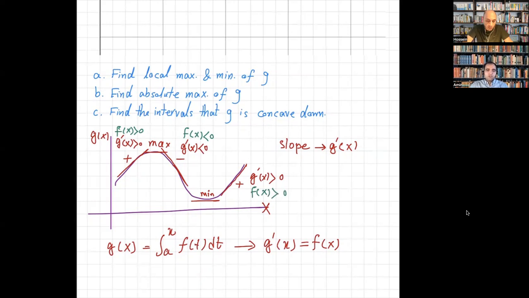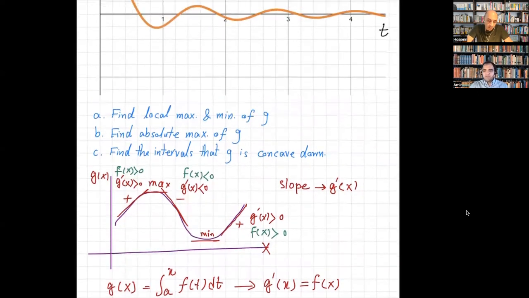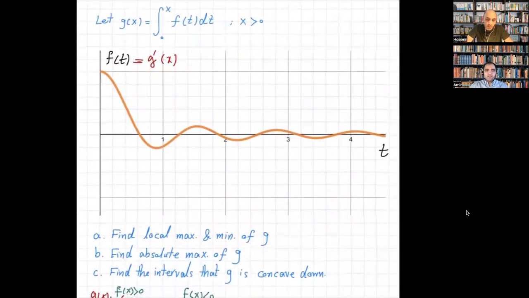Great. So when we look at the top curve, we just need to look at the sign of f, above the t-axis and below the t-axis. Whenever f of t is positive and changes sign to negative, we know it's going to be a local maximum.